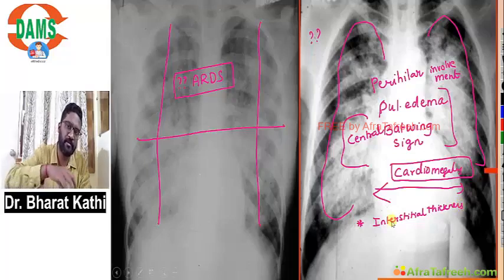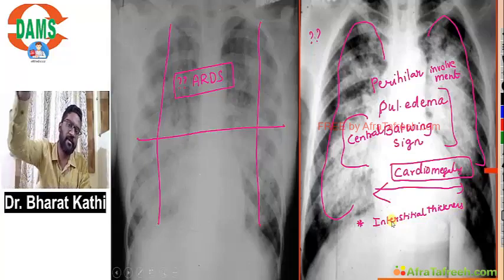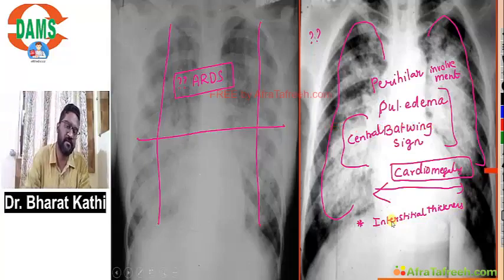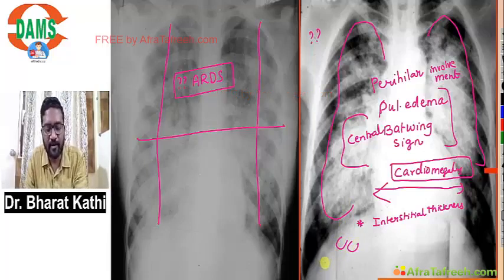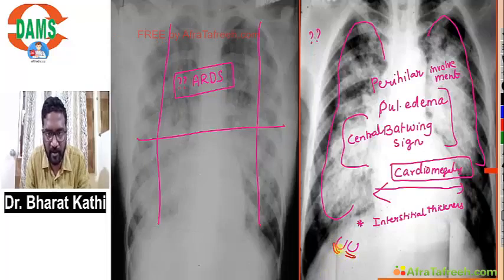Initially only there will be upper lobar diversion, then there will be interstitial thickening, then there will be alveolar edema. So what happens is, this is one alveolus and this is another alveolus, and this is the blood vessel. In between the alveoli and blood vessel, there is an area called the interstitium. So all this is interstitium.